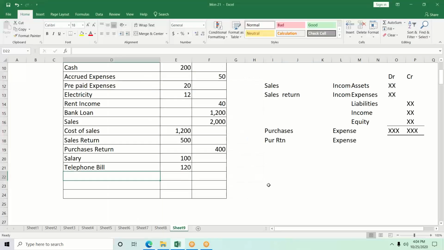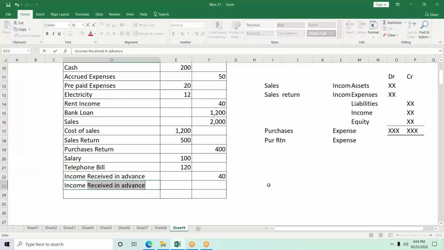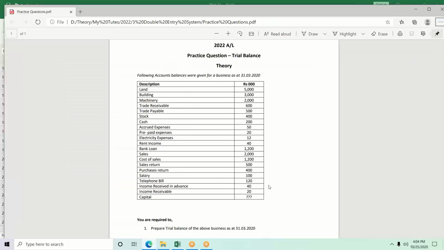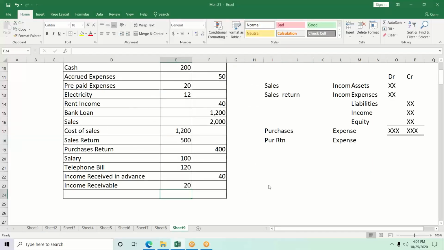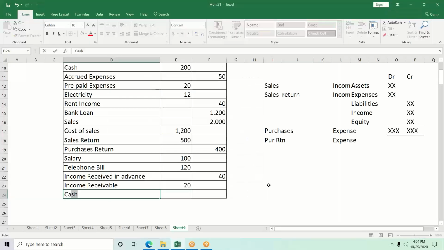Income received in advance, rupees 40,000. If you receive income in advance, it's a liability, so it has a credit balance. And then income receivable. Income receivable has a debit balance of 20, right? Okay. I think all the ledger balances except the capital balance we have listed in this trial balance.